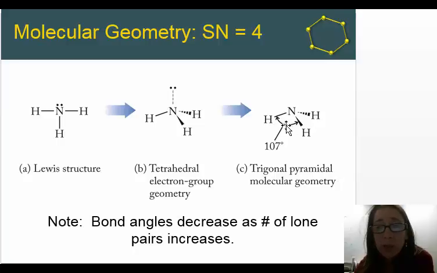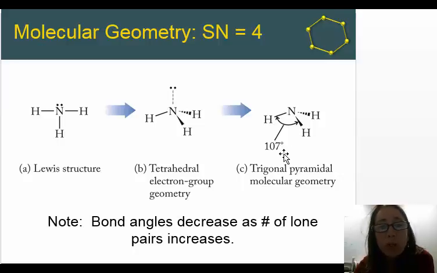It's called trigonal because there are 3 bonds here, 3 atoms here, and it's pyramid because it's not in a plane. These bond angles are a little bit less than 109.5, and so a molecular model of a trigonal pyramid, a molecule with steric number 4 and 1 lone pair, looks sort of like a tripod. It would stick up like a pyramid rather than be planar like a steric number 3.